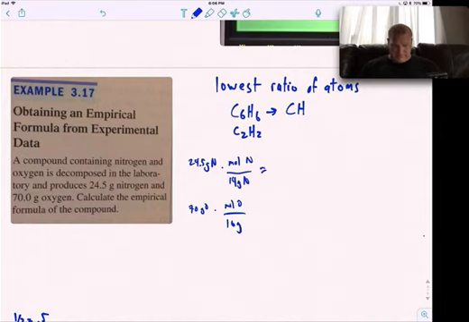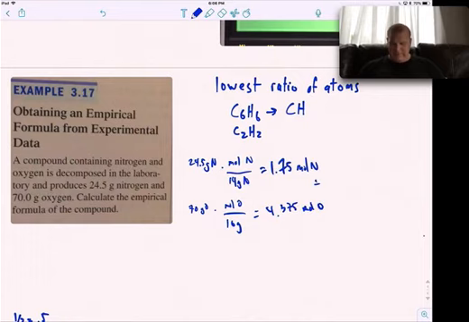Happy little molecules. So we get 1.75 moles of nitrogen, and then we have 70 divided by 16, and we get 4.375. We're like, we're done! No, we're not.